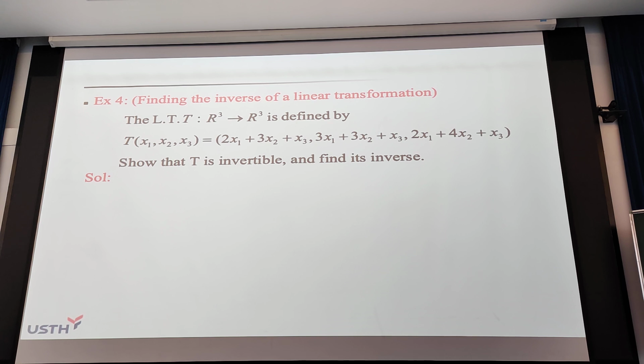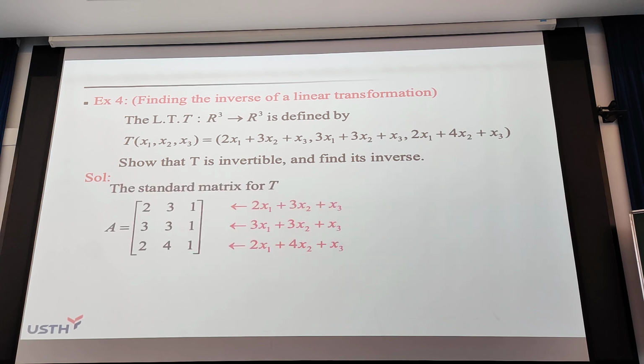And here are some examples. Suppose that T is given by a formula like that, and you need to show that T is invertible, and you are required to find the inverse of T. How to do it?